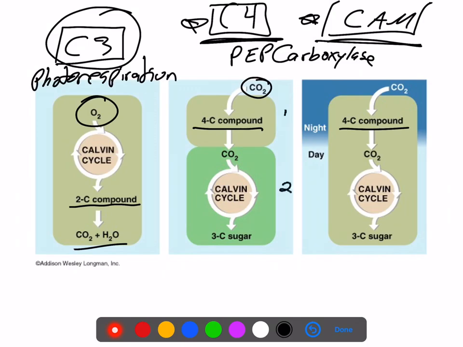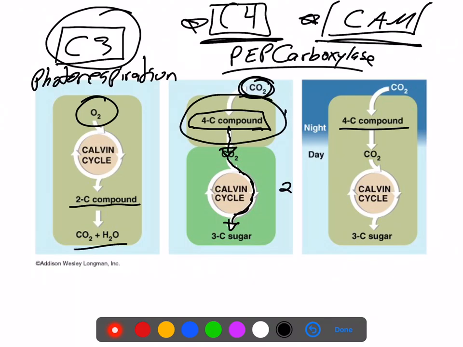So what is the difference between the C4 and the CAM? Well, the C4 uses 2 cells, 1, 2. The first cell traps the CO2. You can see it here, being trapped and made into a 4-carbon molecule. And then that 4-carbon molecule passes through a plasmodesmata. Do you remember that's a communicating junction between plant cells? And it frees up the CO2 and almost spoon feeds it to rubisco so that rubisco only ever sees CO2.